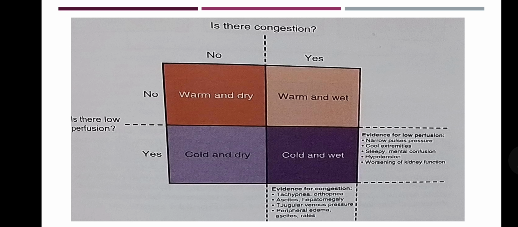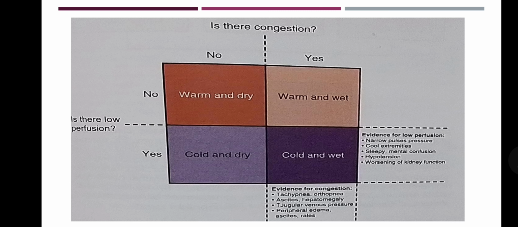Now, when we see any patient having heart failure, we divide the patient into two parts for treatment. Before treatment, we have to see the patient and look for the symptoms of heart failure. If the symptoms are there, we divide the heart failure into two parts. One is whether any congestion is present or not.